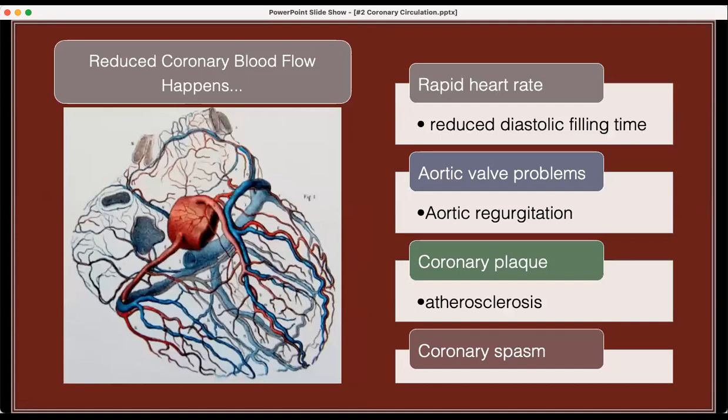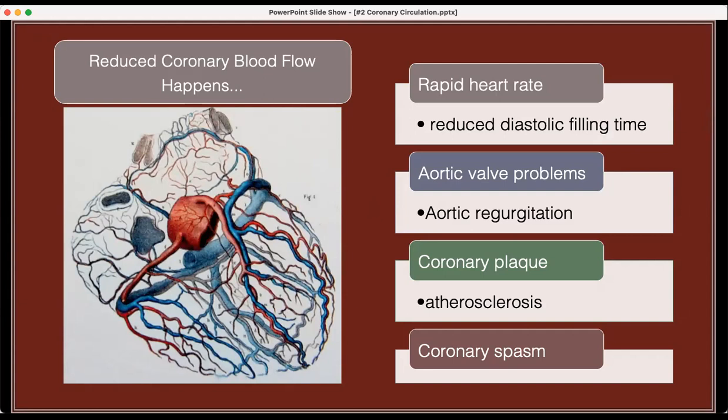Situations where you can have reduced coronary blood flow include reduced diastolic filling time with a very rapid heart rate, and aortic valve problems. If your leaflets don't close well, like severe aortic regurgitation, you can have reduced coronary blood flow.